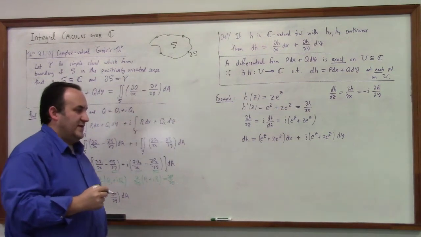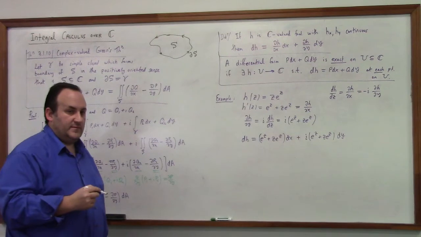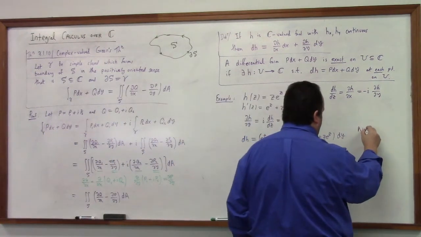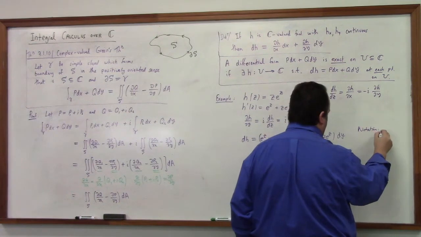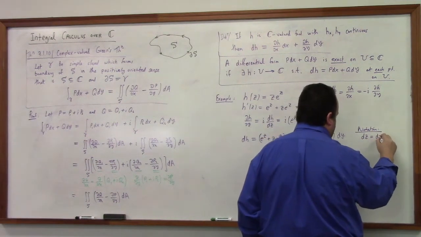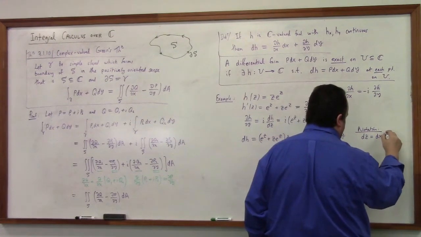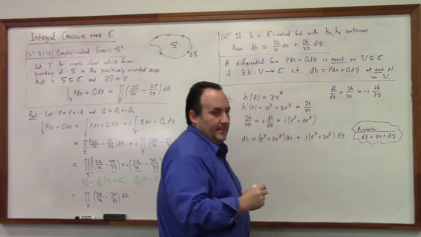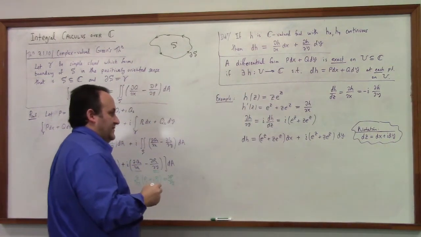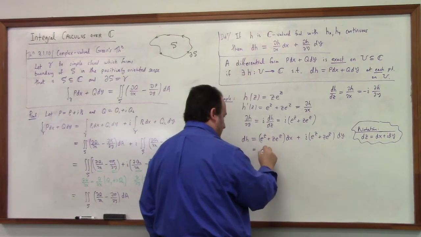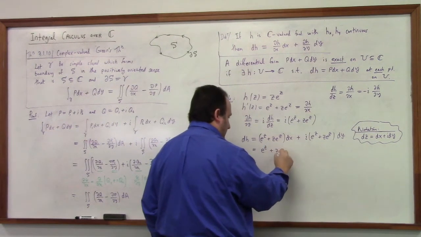Now is as good a time as any to introduce a little bit more notation. So notation. dz, we could call the differential of z, that would be dx plus i dy. Yeah? So check this out. This is actually what? e to the z plus z e to the z, right?